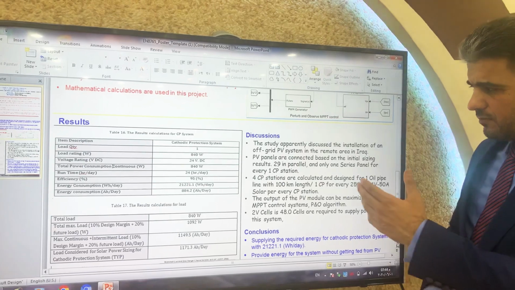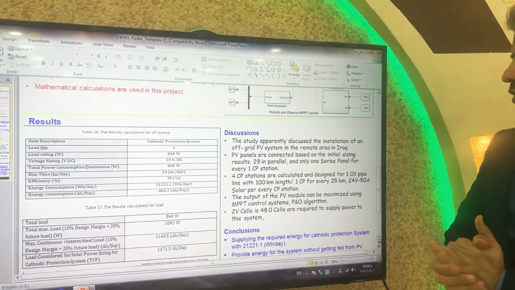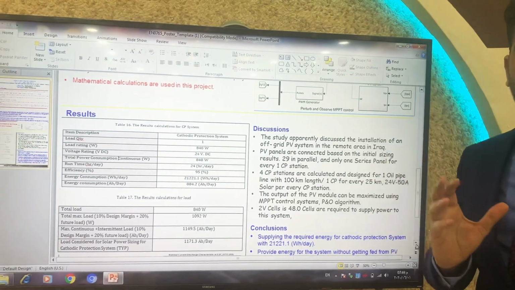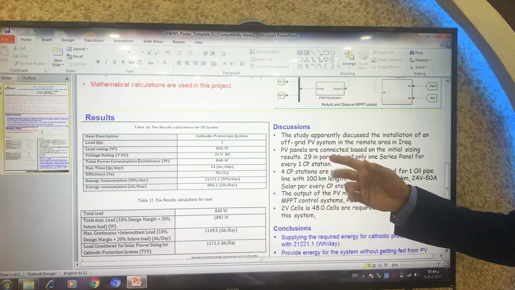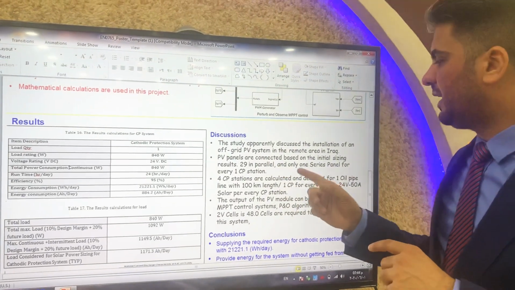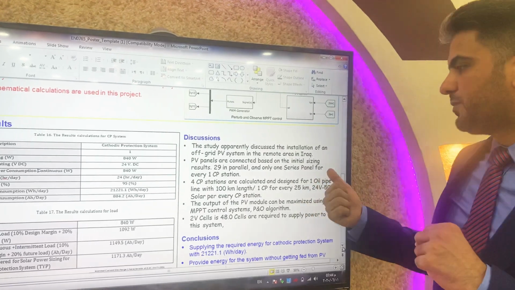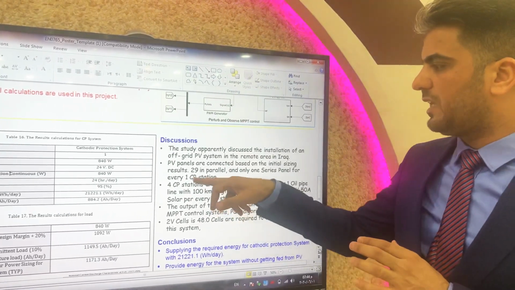Discussion here. The study discussed the installation of an off-grid PV system in a remote area in Iraq. The PV panels are connected based on the initial sizing result: 29 PV panels in parallel and just 1 in series for every 1 CP system. CP means cathodic protection.